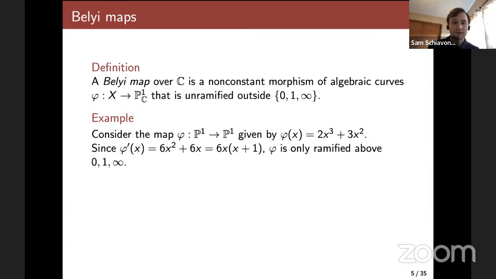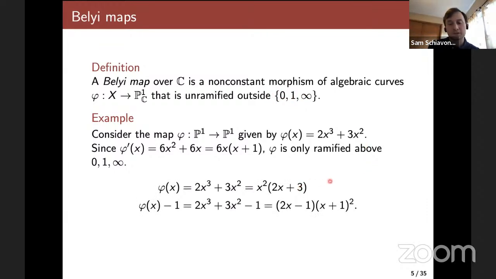If you take the derivative of this polynomial, you can see that the only places where the derivative vanishes are points above 0 and 1. It vanishes at 0 and -1, which are mapped to 0 and 1 respectively. And it's also totally ramified above infinity, because I'm only showing you an affine piece, but that's okay as well, right? We're allowed ramification above these three points.